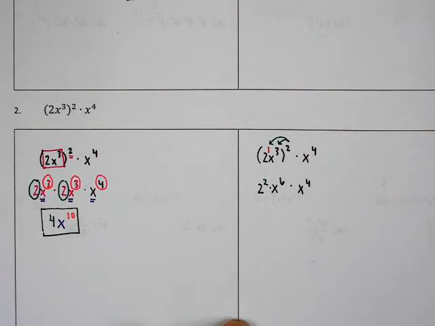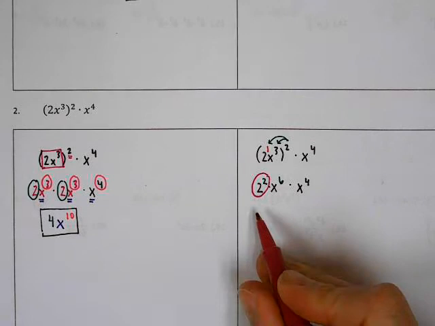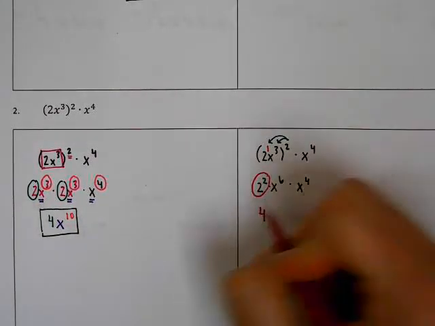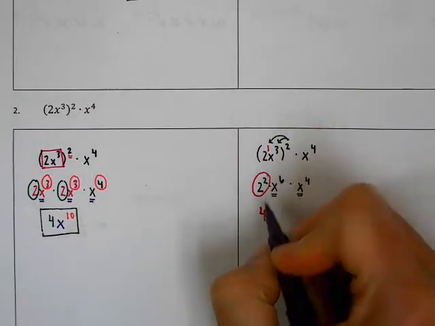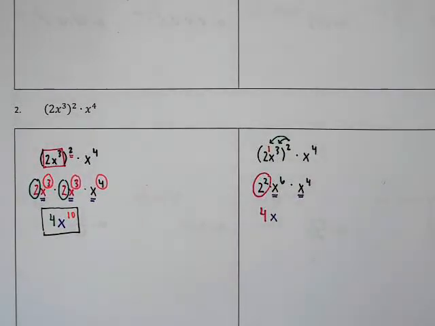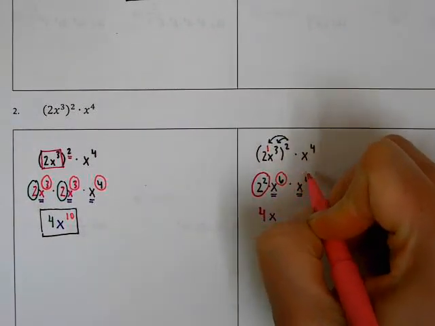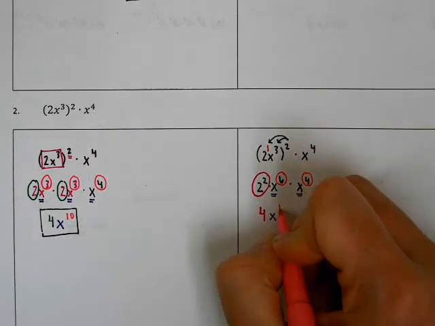So now I can use my calculator, or just in my head, I know 2 squared is 2 times 2, which is 4. I see that I have this base of x, so I'm going to keep my x, and I know when I'm multiplying powers with the same base, I'm going to add the exponents. So 6 plus 4 is going to give me 10.